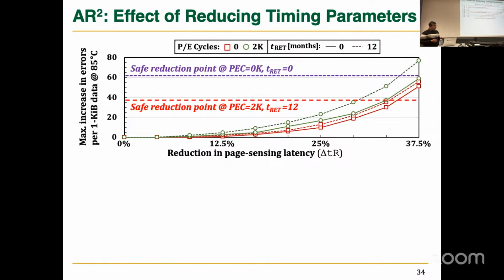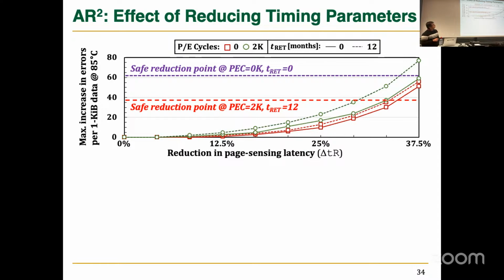Next, we look at the effect of reducing the timing parameters. Here we again see the number of errors, the maximum increase in the number of errors at 85 degrees Celsius. On the x-axis, we show the reduction in page sensing latency, so we show 0, 12.5% reduction in the tR and so on.